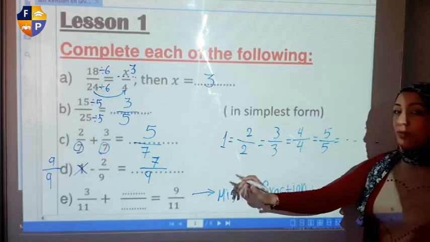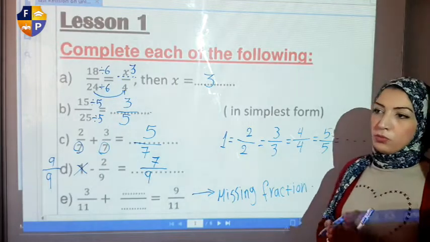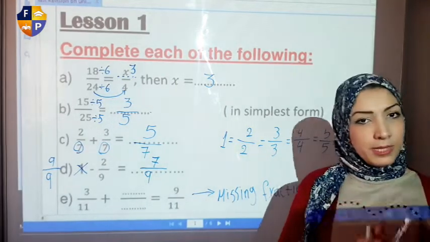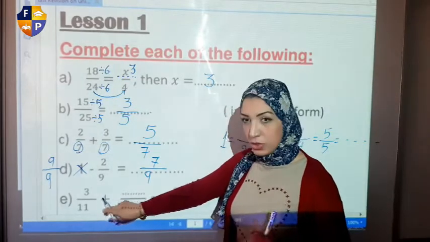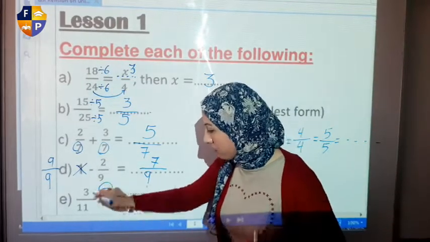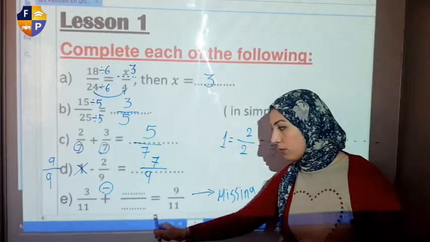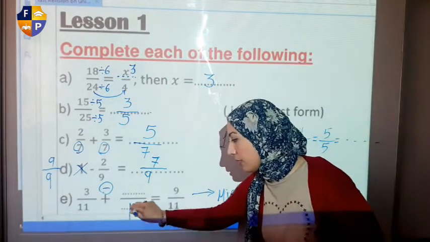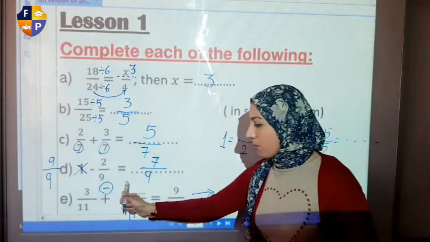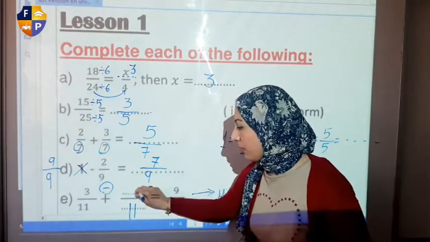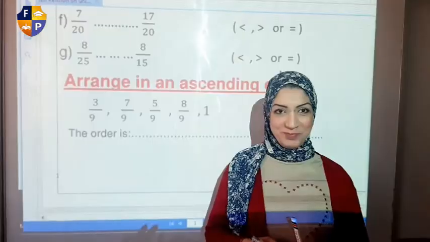And we have plus. All of you know that for a missing number, plus changes into minus. So here we have to change plus into minus. Here we have a common denominator, so we will write 11 and subtract: 9 minus 3 equals 6.